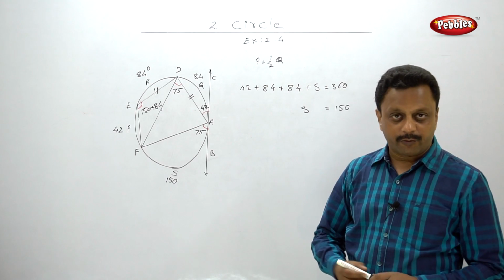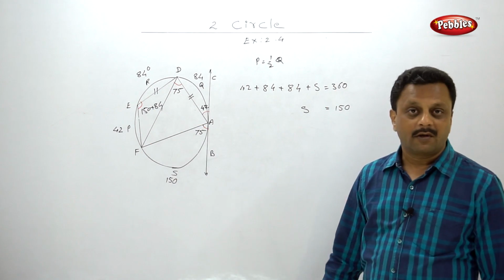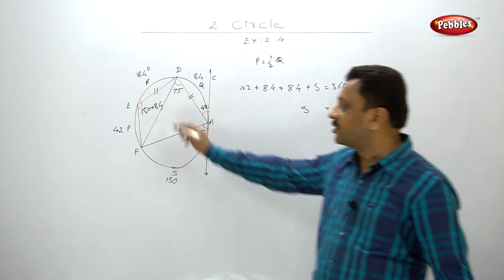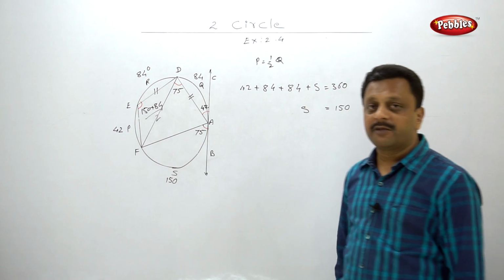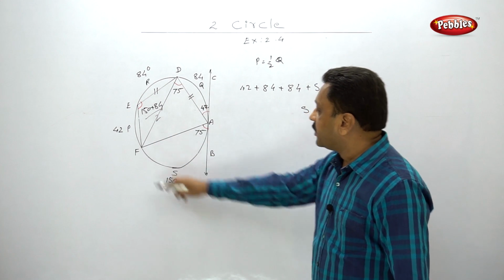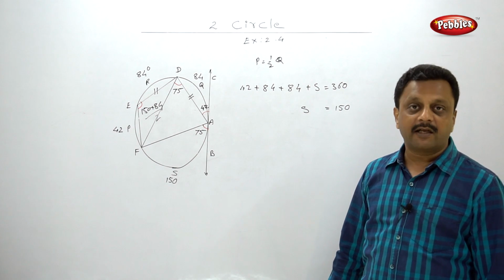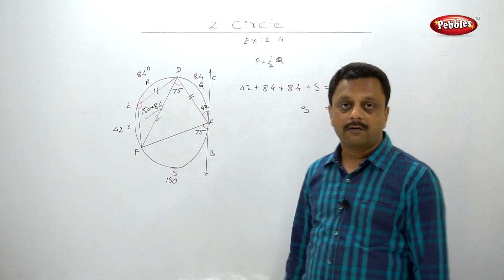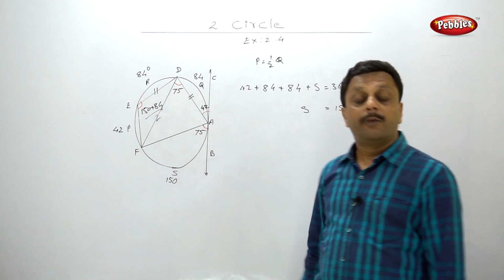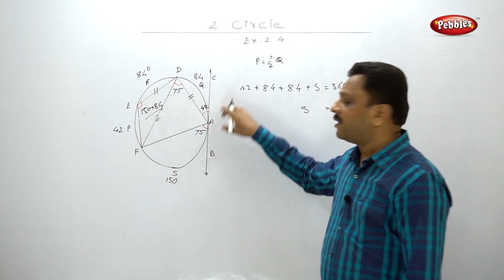Just to remind you, before going to the next example, here I have written 150 plus 84. It is not just 150 plus 84, it is divided by 2. Don't make a mistake. I just told you orally, because this angle is intercepting an arc of 150 plus 84, and by inscribed angle theorem, it should be half of that. I wrote 150 plus 84 because it happened in one of my classes.